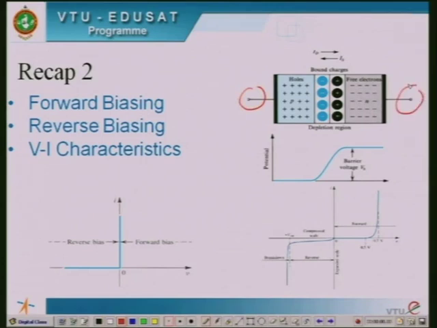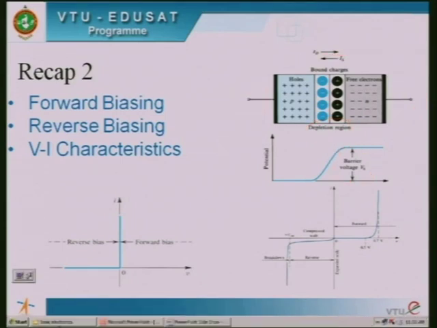There will be a repulsion, so the holes as well as the electrons move away from the respective terminals, and therefore the depletion region decreases. Correspondingly, the barrier voltage will decrease. Finally, after a certain time, there will be a free flow of charge carriers from the P to N type, which is the conventional current.